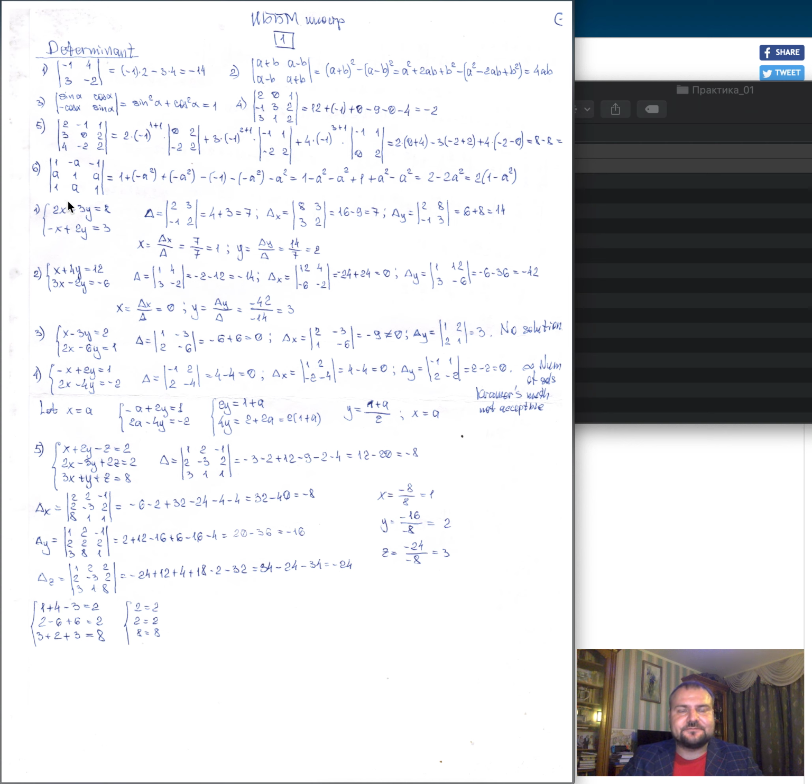Another example, number 6. The determinant of the 3 by 3 matrix, -1, -a, -1, and so on.